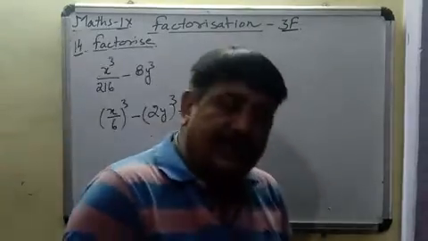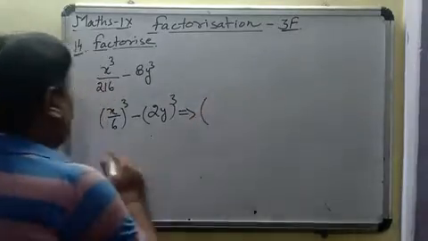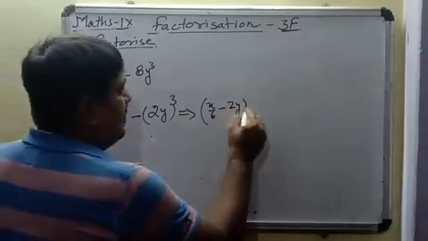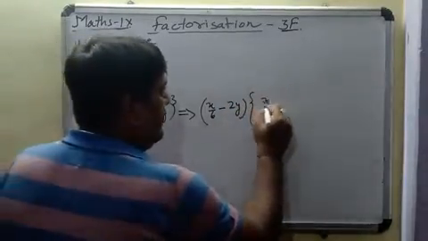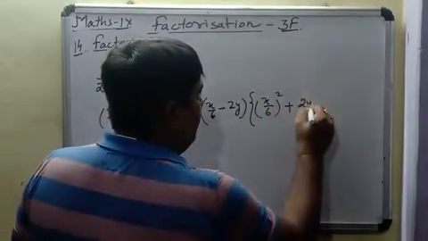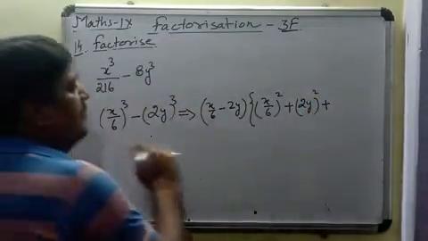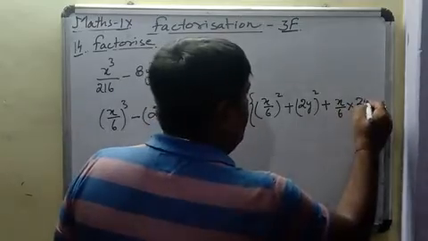So a cube minus b cube is a minus b in the first bracket. In the second bracket, a square, that means x upon 6 whole square, plus b square, that means 2y whole square, plus ab. ab means x upon 6, this is our a, into b which is 2y.